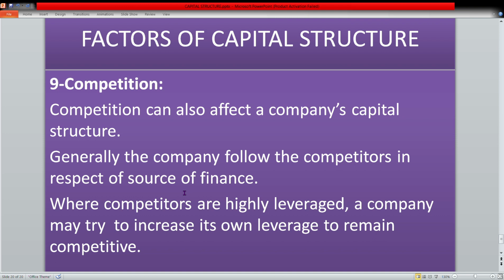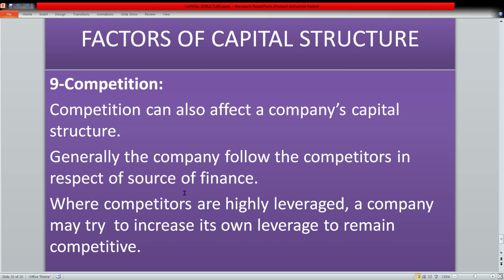So, capital structure depends on all these factors, and before designing the capital structure, the company must look after all these factors to have an optimum capital structure.